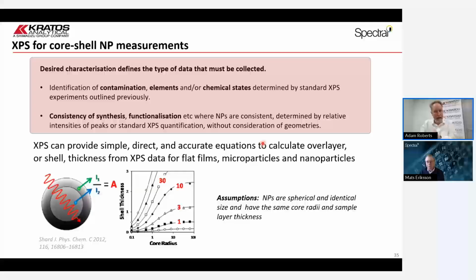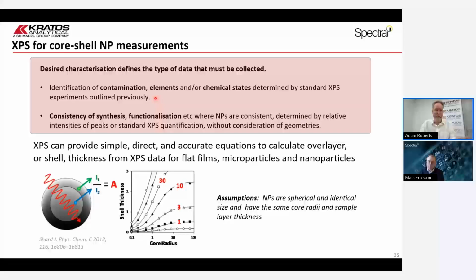Obviously, there are numerous assumptions, that the nanoparticles are spherical and identical in size, and very often that is not the case. But XPS can still allow you to identify contamination. Have you got contamination of the nanoparticles?